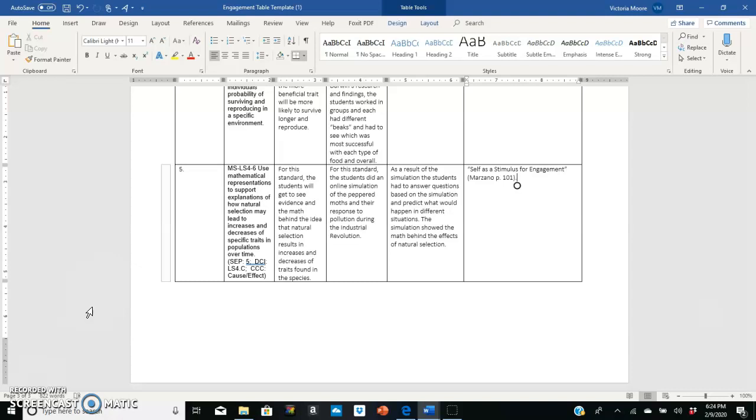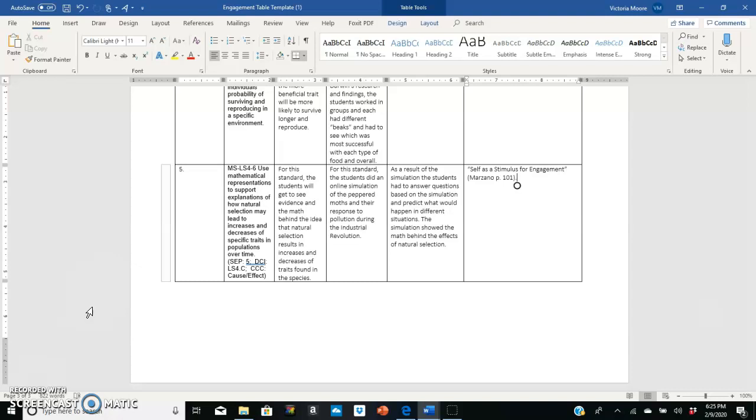And this was more of a self-stimulus for engagement, Marzano's page 101. And I'm going to be honest, this was the least engaged of the 5 that I did. 7th graders don't have a lot of self-motivation or self-engagement, I think, if it's not in a group, or if I don't talk it up a lot and build up their intentions for it.